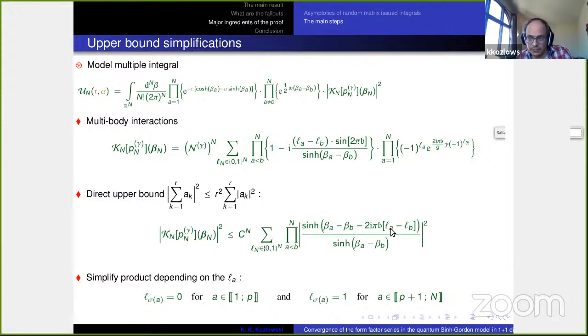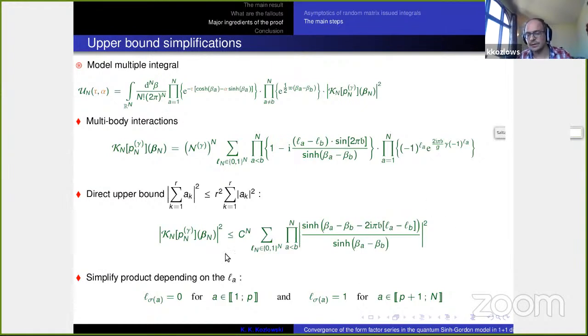If both are equal, the numerator simplifies with the denominator. So for a given choice of LA and LB, you can partition the L's such that L1 to LP are equal, and LP plus 1 to Ln are equal. Then this double product will not cancel only where you have couplings between the first p variables and the remaining n minus p variables.